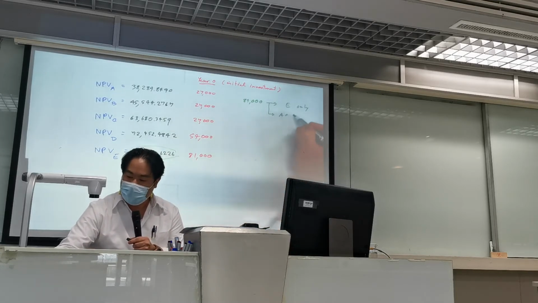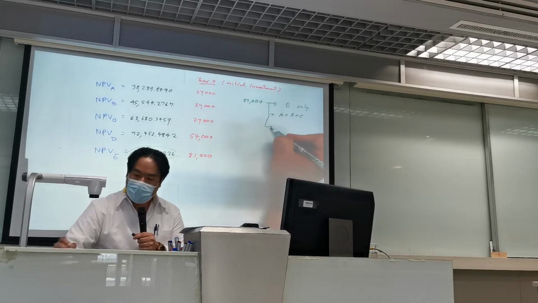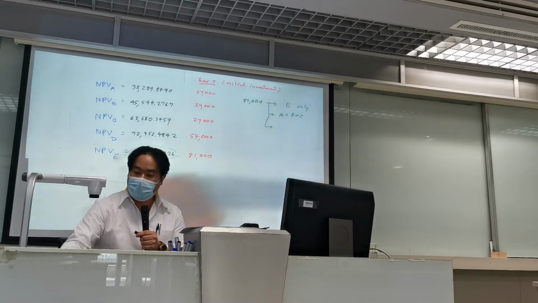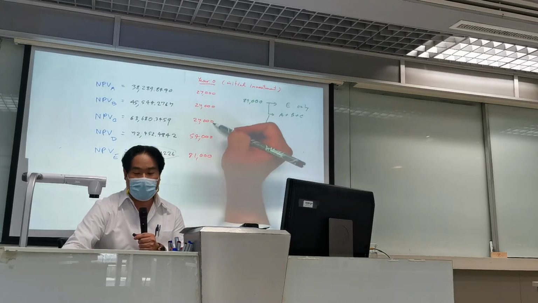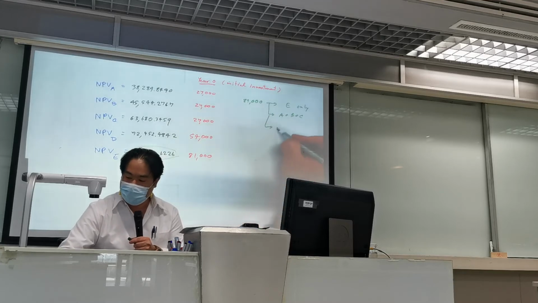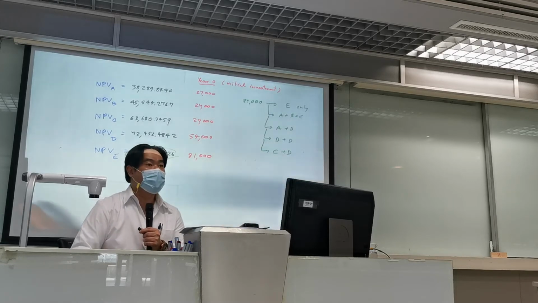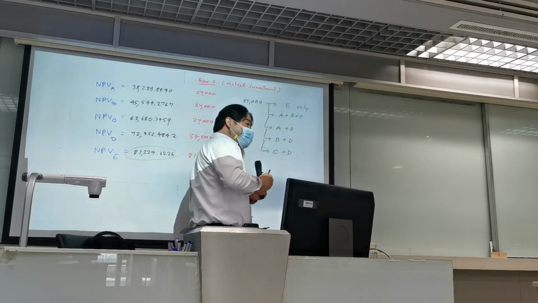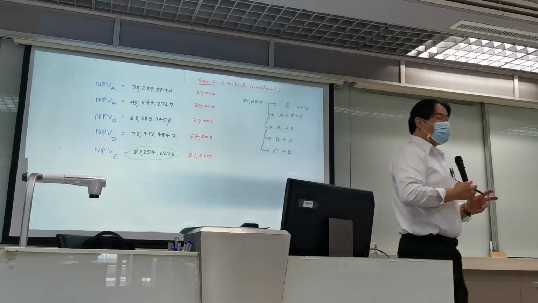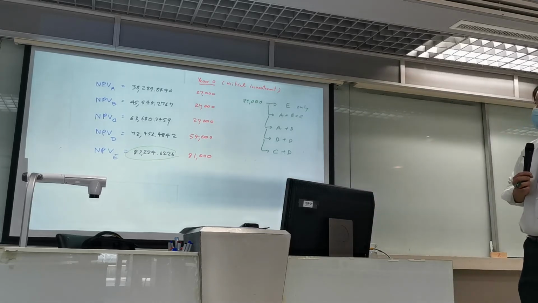So A plus B plus C. What else? A and C, right? Sorry, A and D, right? Okay, and B, D. Finally, C plus D. Get it right? So with 81,000, there are 5 possibilities for the firm to utilize this amount, 81,000.